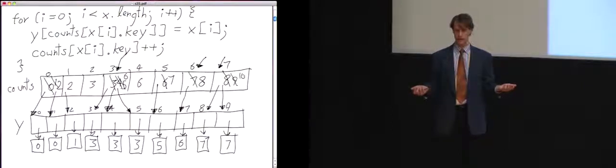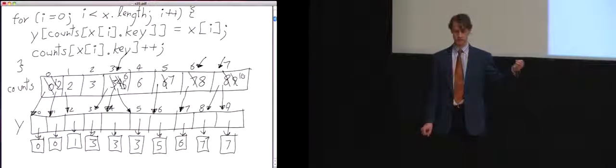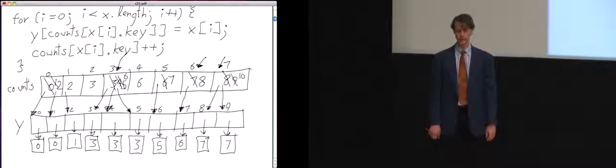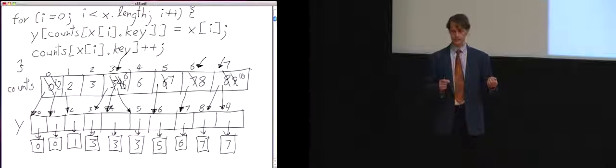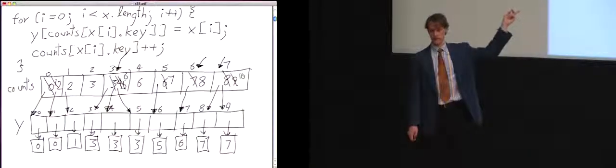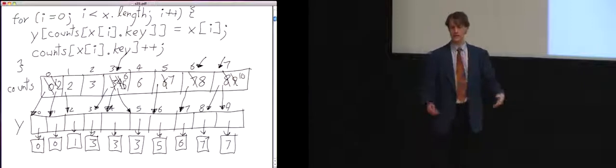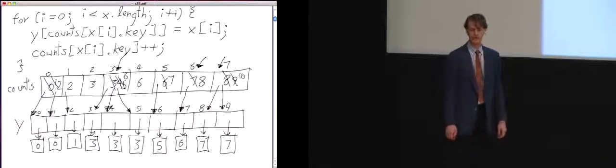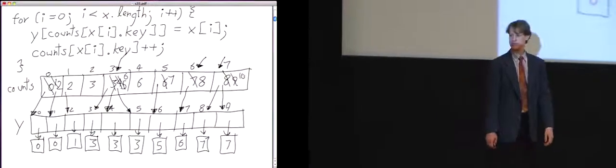And generally, if you don't know anything about the keys at all, then yes, the only way to do that is to scan through the whole input and look at what the minimum and maximum keys are. There are a lot of situations that come up in the real world where you do know what the minimum and maximum keys are for other reasons. And in fact, the very next sort I show you, Radix sort, will be one such situation where that is true. So you'll see why in a few minutes.